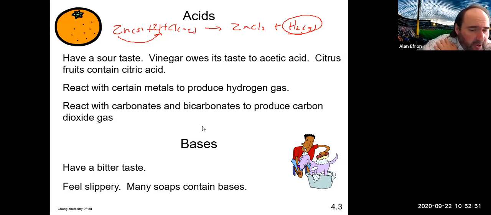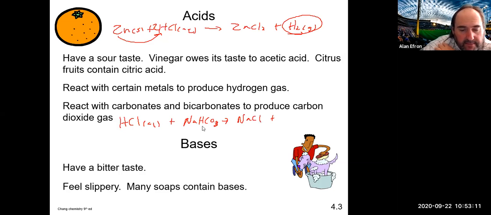Acids also react with carbonates and bicarbonates to produce carbon dioxide, another type of reaction you should be familiar with. For example, take some hydrochloric acid and react it with some sodium bicarbonate. You will get some sodium chloride and some carbonic acid.